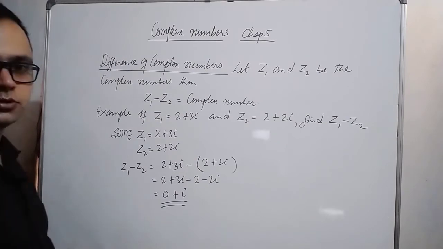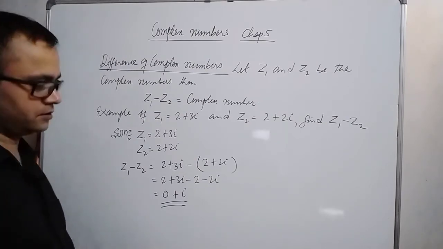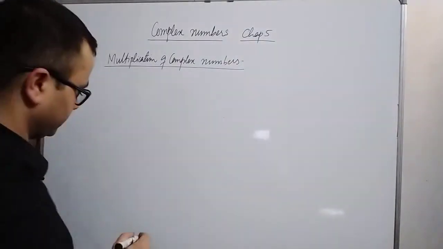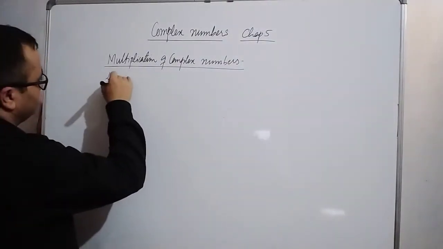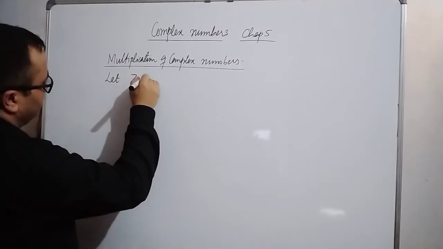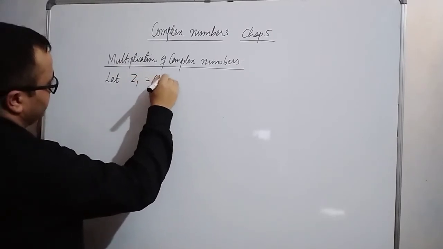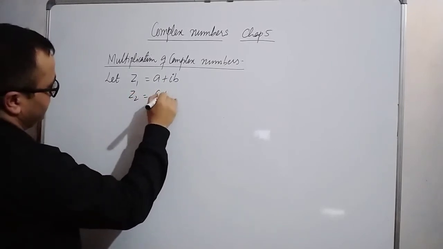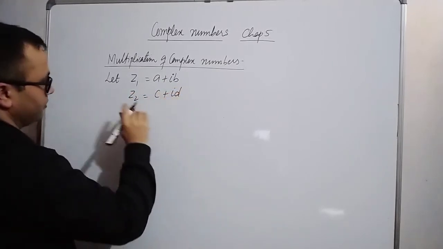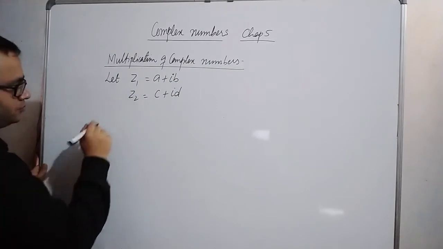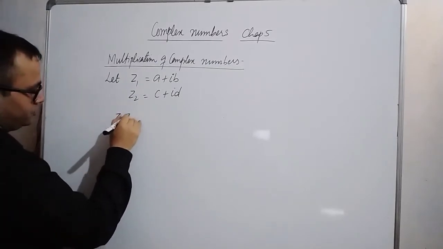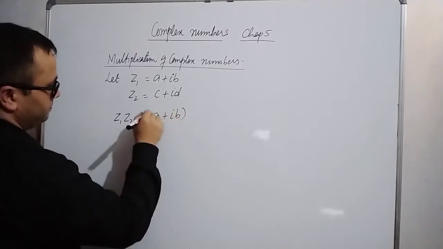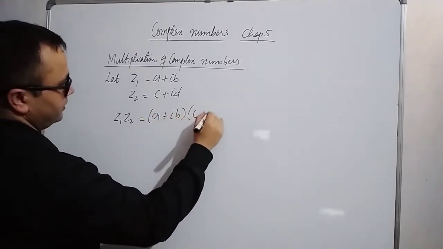Now move to multiplication of complex numbers. Let Z1 equal A plus iB and Z2 equal C plus iD. Multiplication means the product of two complex numbers. So Z1 into Z2 will be (A plus iB) into (C plus iD).